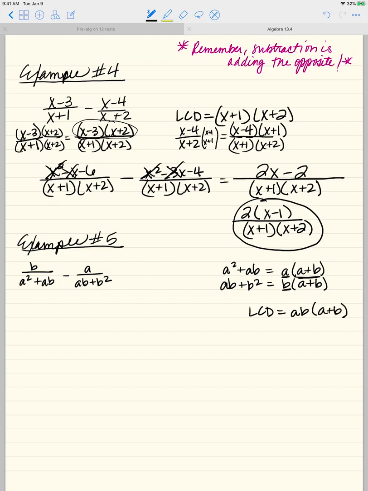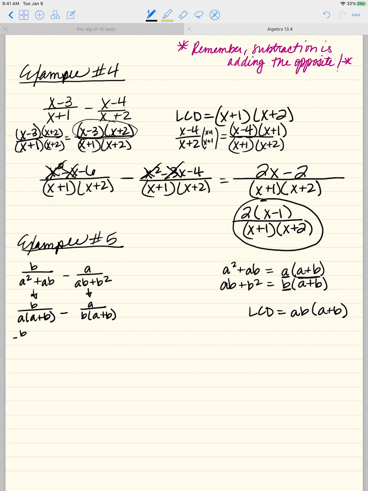All right, so I'm just going to rewrite these guys with the factored denominators first. b over a times a plus b minus a over b times a plus b. That's not the lowest common denominator. That's just them with their factored denominators.